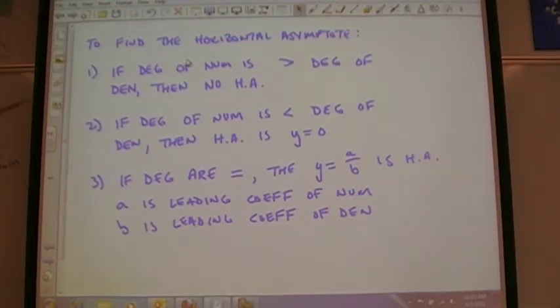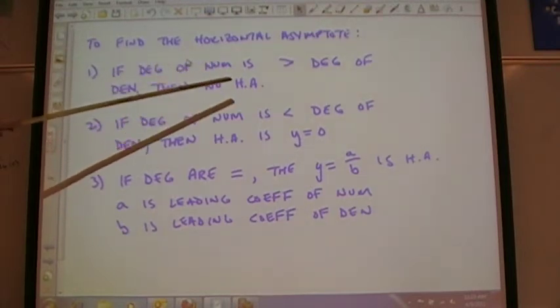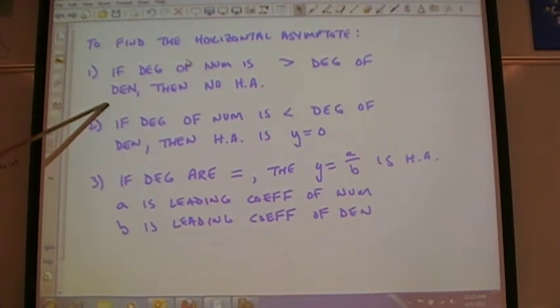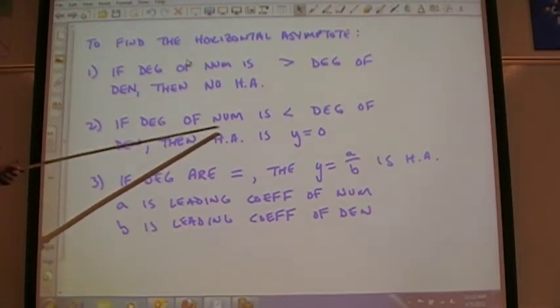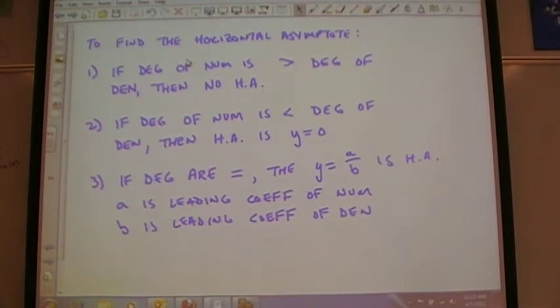So let me read this one again. If the degree of the numerator, which is the top, is greater than the degree of the denominator, which is the bottom, then there is no horizontal asymptote. Number two, if the degree of the numerator is less than the degree of the denominator, then you always have a horizontal asymptote at y equals 0.